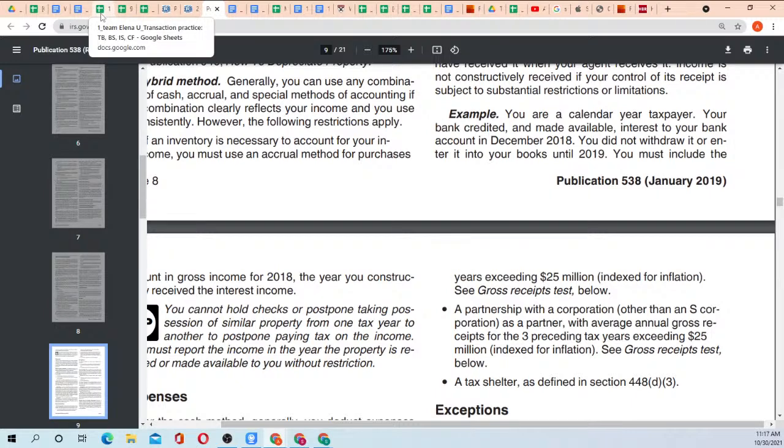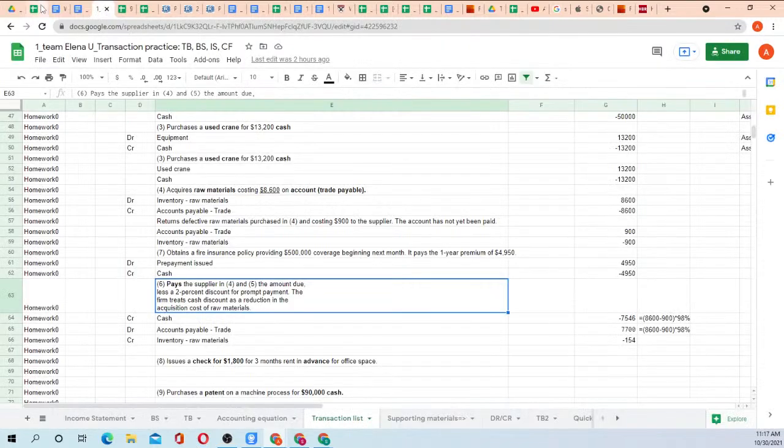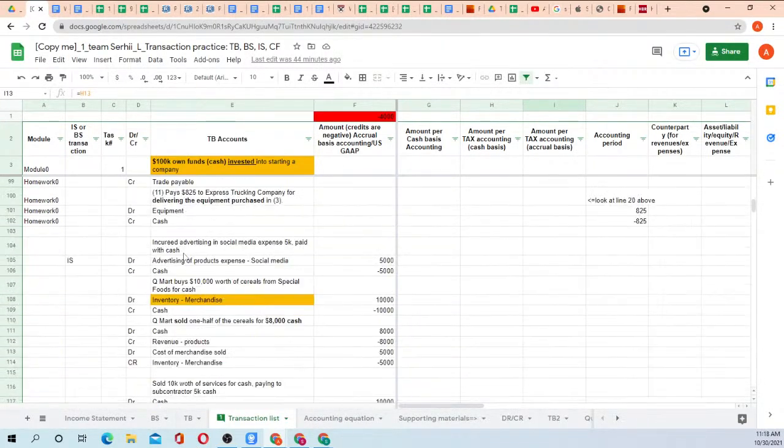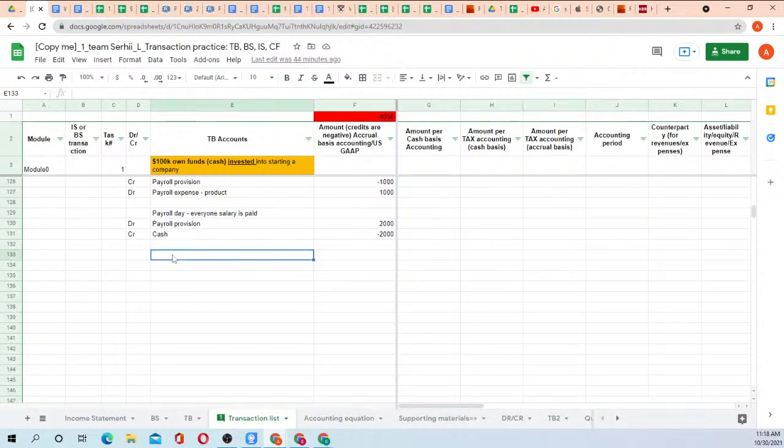Let's try to come up with an example here. Let's go to our example tab, and we will complicate that example a bit. We earned an interest on CD in year 1 of, let's say, 500.